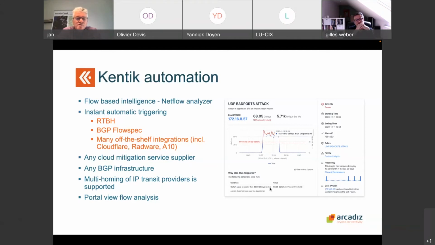And this solution also works for people who are multi-homed with multiple IP providers. This gives you a great deal of flexibility and of visibility, of course. The customer will also get a portal on which he can see all the details. And the good news is this can be done during peacetime as well as during wartime.